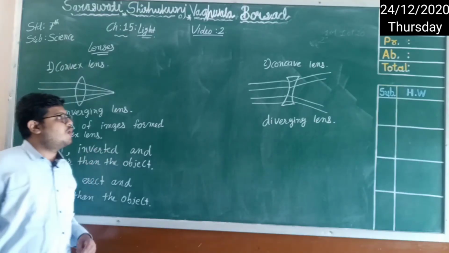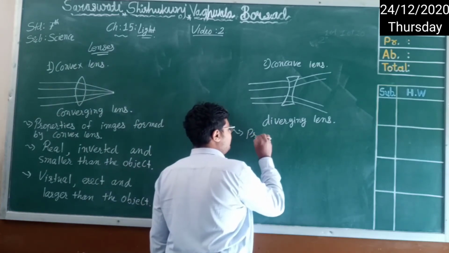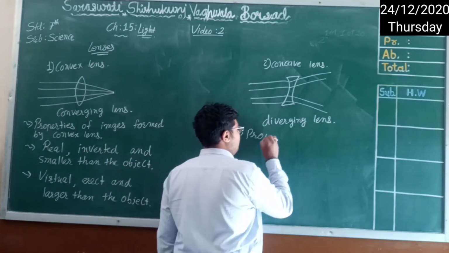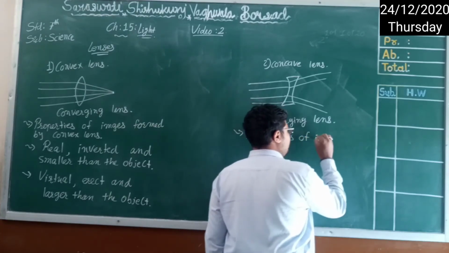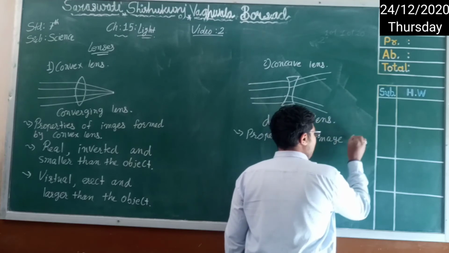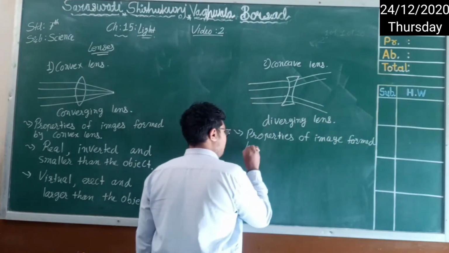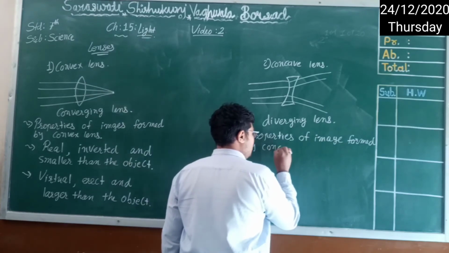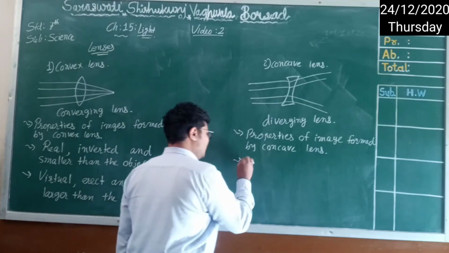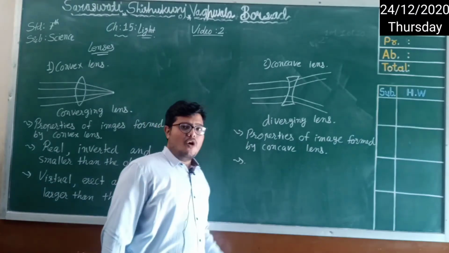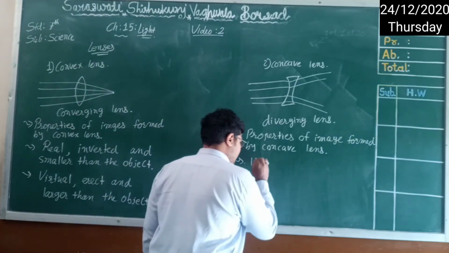So this is the property. Now let's talk about the concave lens and its properties. Properties of image formed by a concave lens: whenever you keep an object, the virtual image will form here.